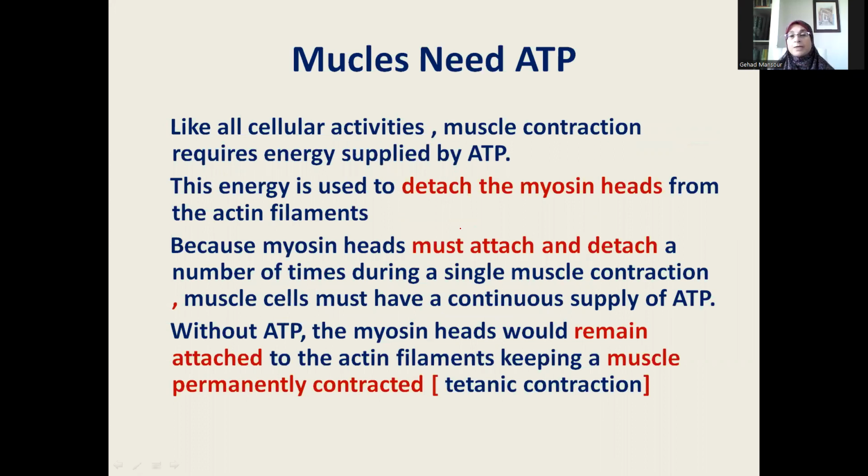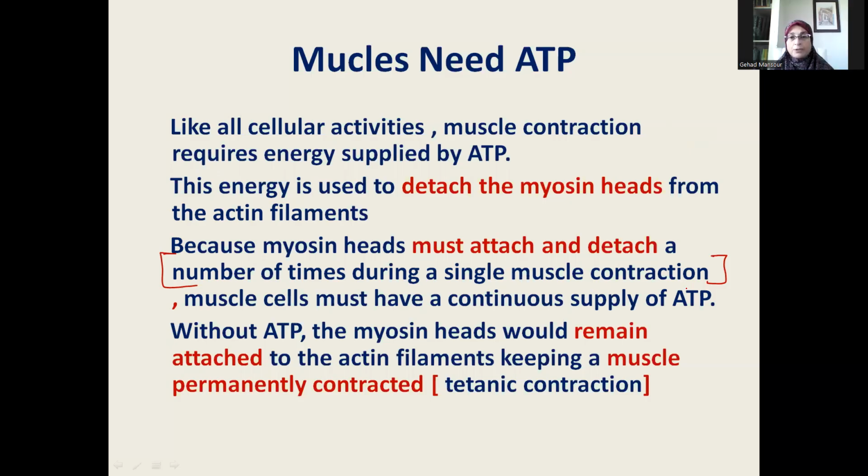Because myosin heads must attach and detach a number of times during a single muscle contraction, and that statement is very important, then muscle cells must have a continuous supply of ATP.